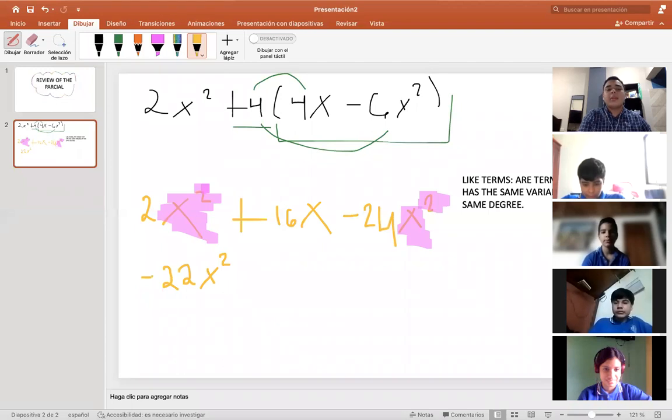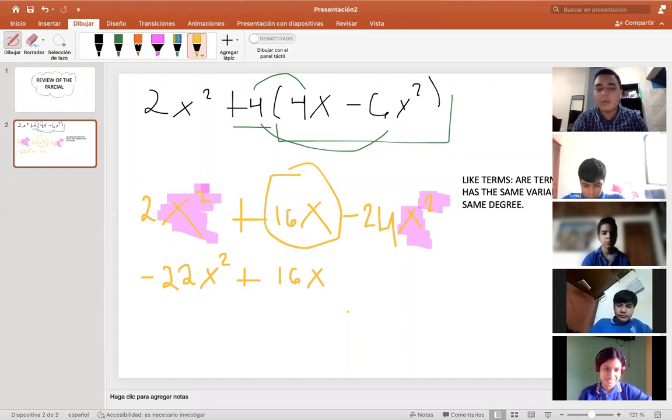Negative 22. Thank you. Negative 22x squared. Plus, we are missing the 16x. Plus 16x. So we finish with the multiplication of our polynomial.